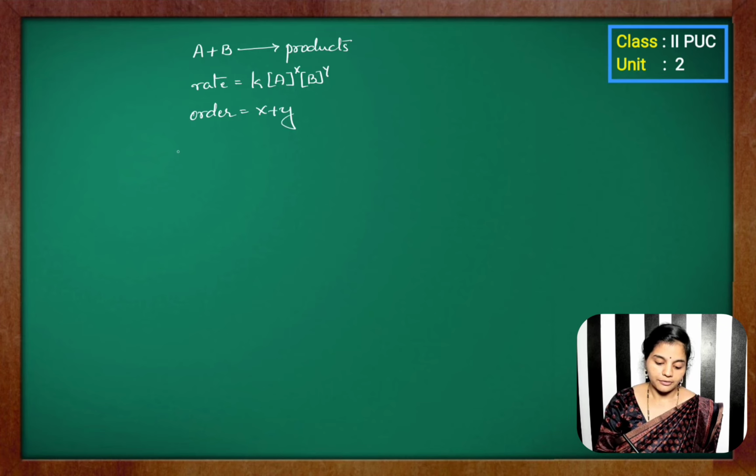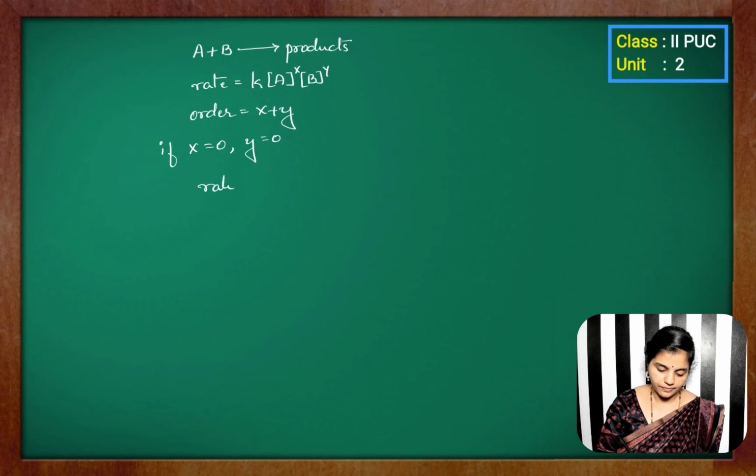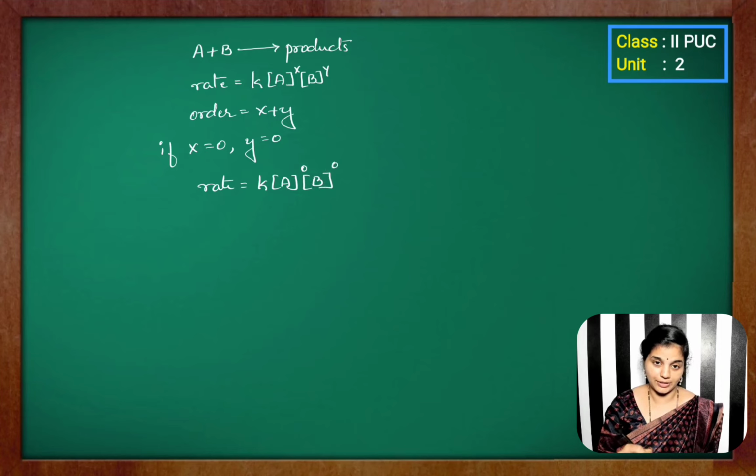Now for a given reaction, if X is equal to 0 and Y is equal to 0, rate is equal to rate constant into concentration of A to the power 0, concentration of B to the power 0.